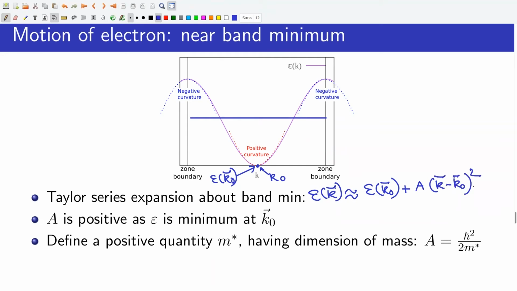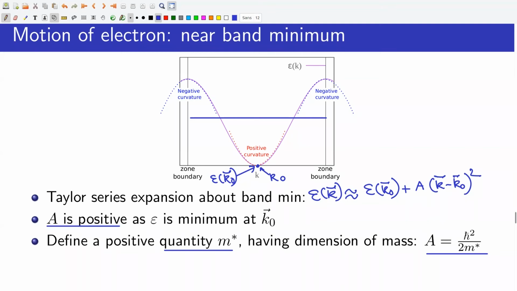The linear term vanishes as we are expanding about a minimum point and the first derivative has to vanish. Moreover, since E of k is minimum at k0, A has to be positive. Now, we define a positive quantity m star which has a dimension of mass and write A is equal to h cross square divided by 2 m star.